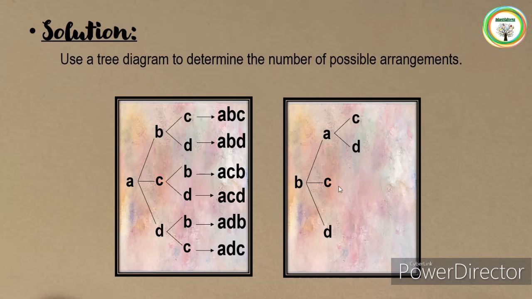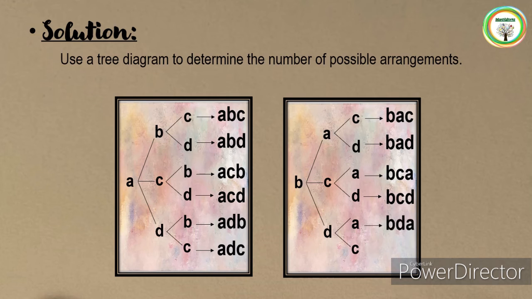For this one, we have A, D for the third letter, and for this one, third letter is A and C. Let us write the possible arrangements. So we have BAC, BAD, BCA, BCD, BDA, and BDC. So we have also 6 arrangements if the first letter is B.